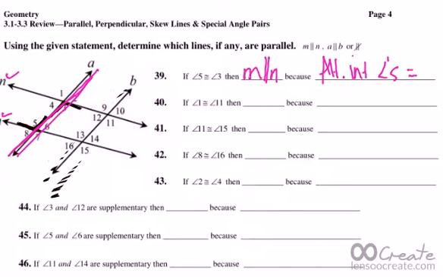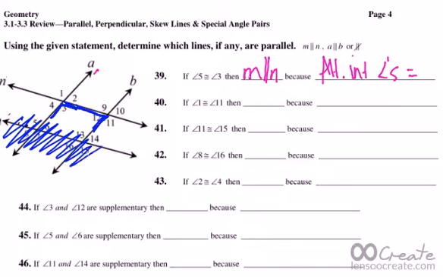If we were to do one more question, we could look at question 44, something that's supplementary. I'm going to look at angle 3 with angle 12. And again, I'm going to scribble out the part of the picture that doesn't deal with anything.